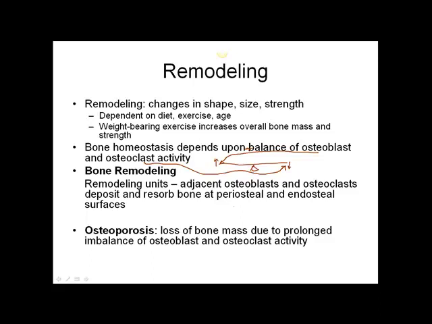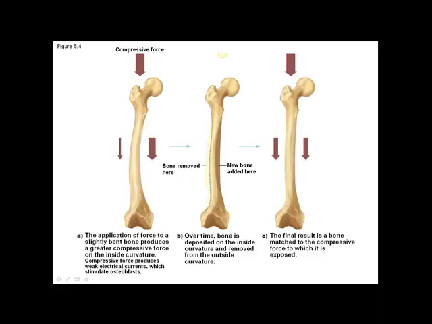And then osteoporosis is loss of bone mass due to prolonged imbalance of osteoblast and osteoclast activity, which happens with age, and you have to make special efforts to build bone. There are many, many ways to do this. I've treated many people with osteoporosis, and it's a very debilitating and painful disorder. So it's not really something you want to entertain when you're old.